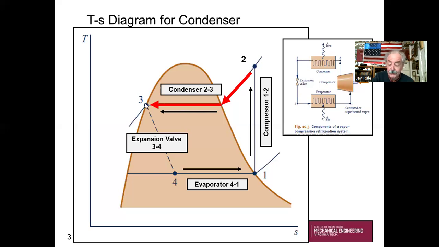So it's very common to say that state 3 is the saturated liquid coming out of the condenser. That's what our process looks like, a constant pressure process, P2 equals P3. And that's why we're going down this dogleg type line. We're cooling and condensing at constant pressure in the condenser.